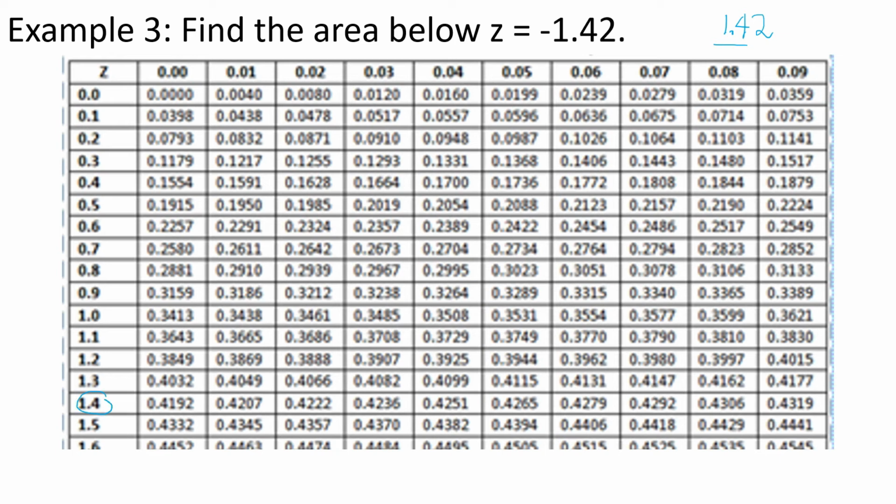And then in the row, we are going to find the hundredths place. So that is 0.002. And that is here. And then locate the cell where the row and the column meet. They meet at this number, 0.4222. That is the area from 0 to 1.42.